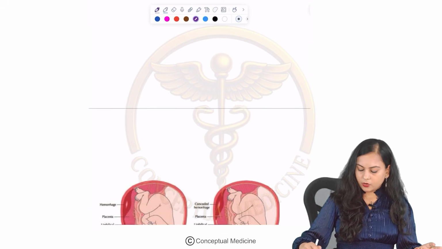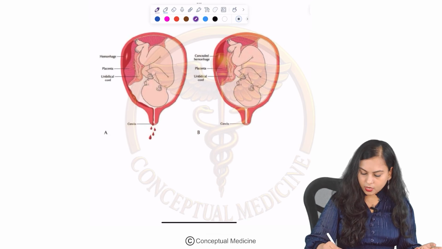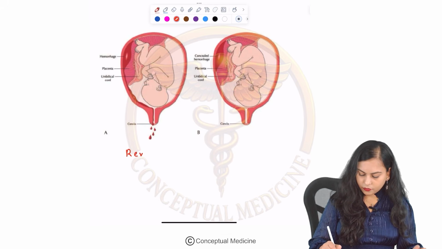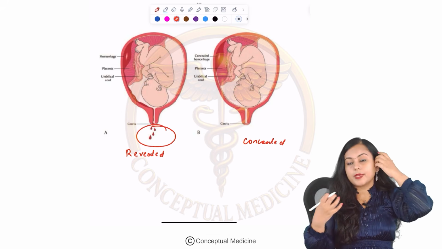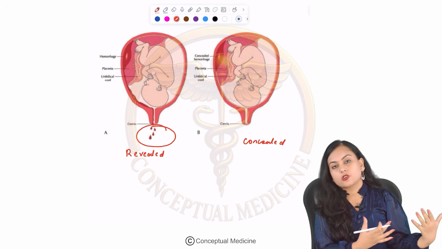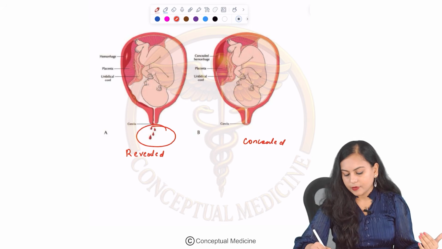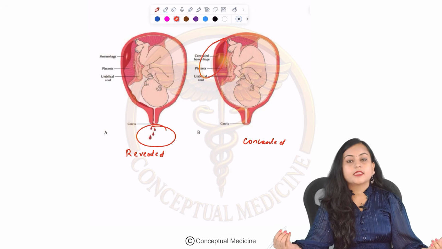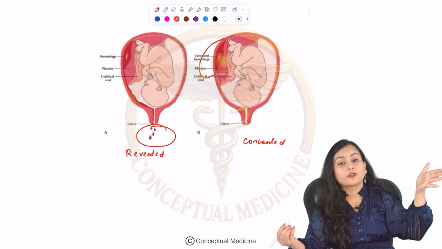Clear? Now, this is a revealed type and this is a concealed type of abruptio placentae. Revealed means the bleeding you are able to see, the visible loss of blood, whereas in concealed type the blood will be collecting behind the placenta, that is, as a retroplacental clot.